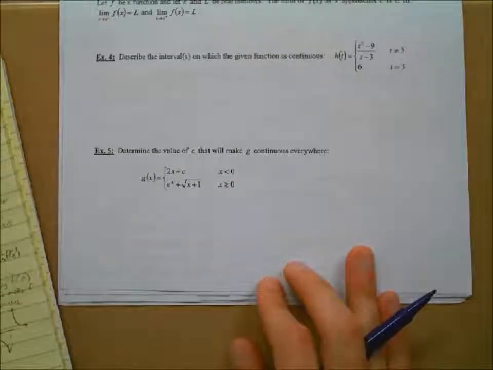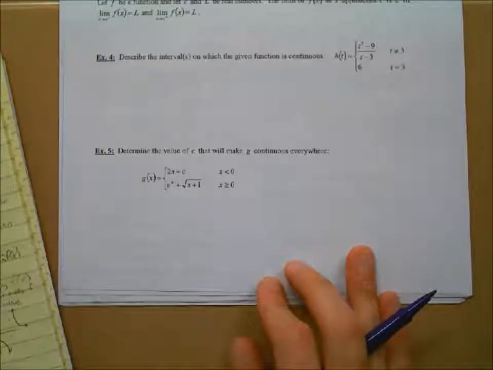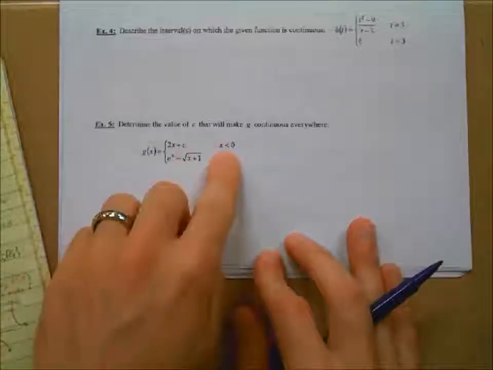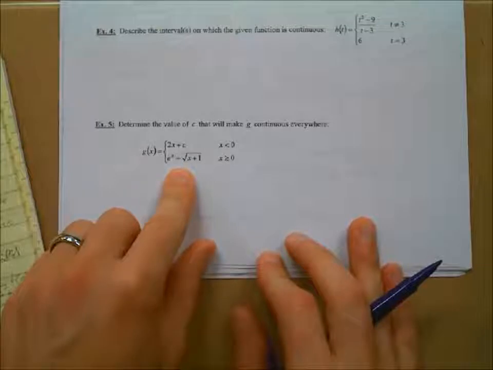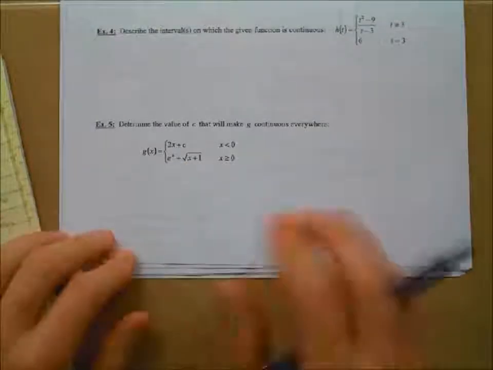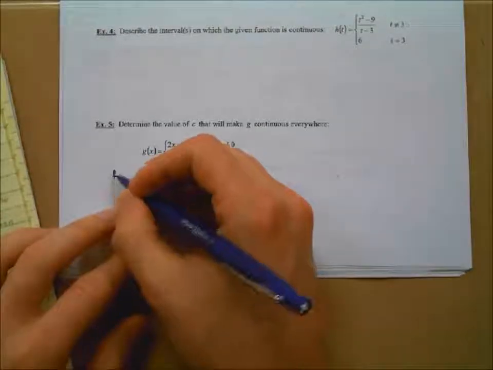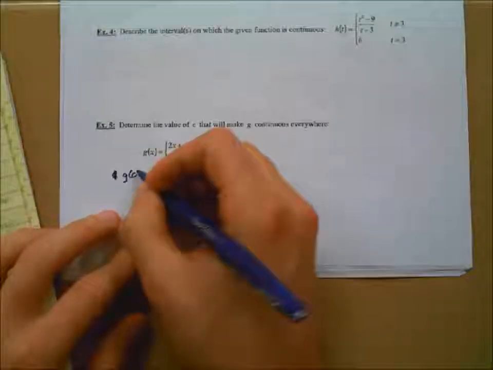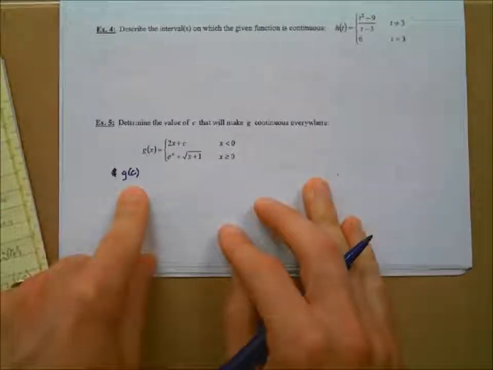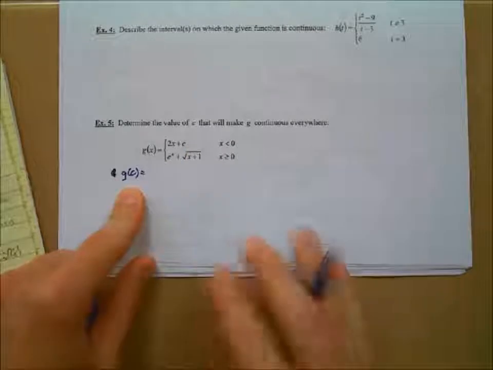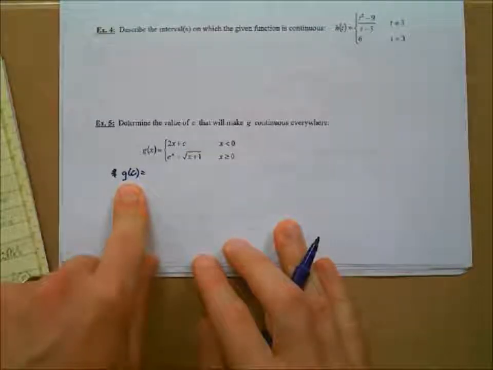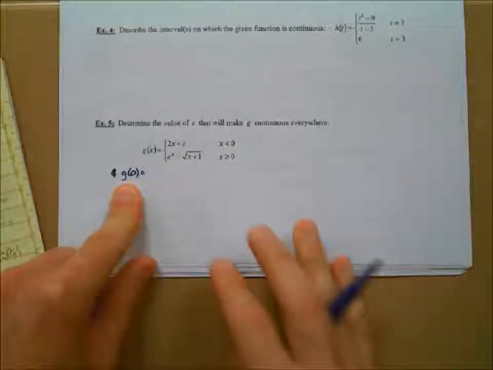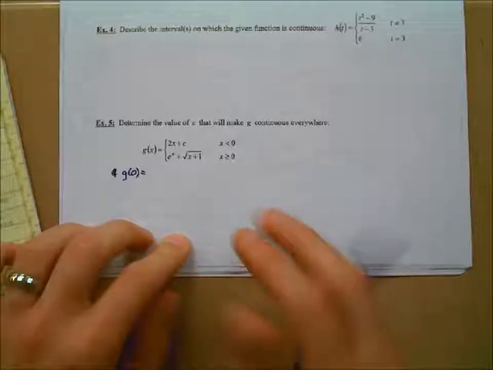So what's the only potential for a discontinuity here, at what x value? 0, where we switch from the first one to the second one. So now we need to check our criteria. First thing we want is, not f, we want g of 0. We want to know what that value is. How can we figure out g of 0? Which part of our piecewise function do we evaluate? The bottom one, because that's where x is equal to 0.